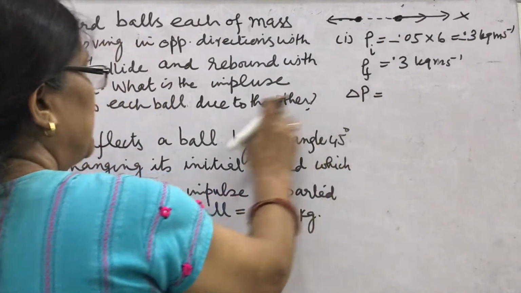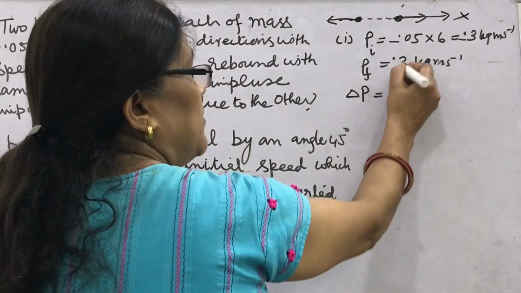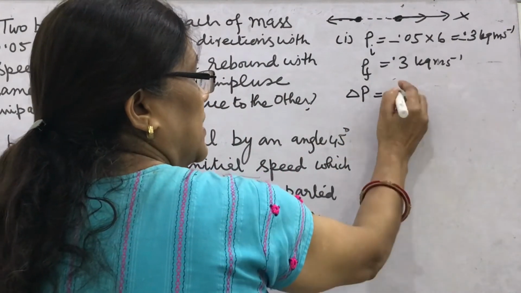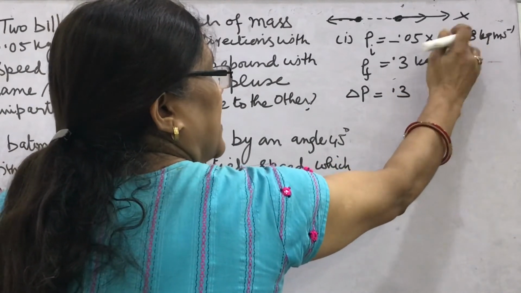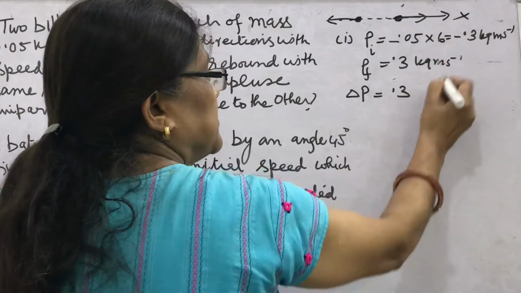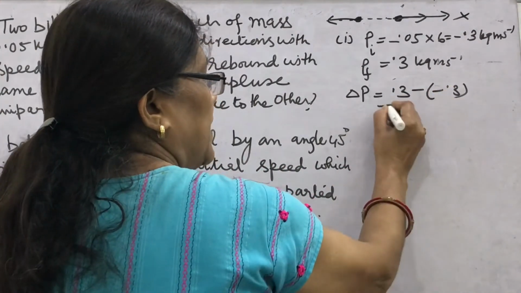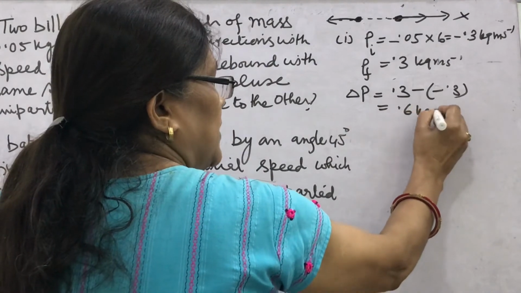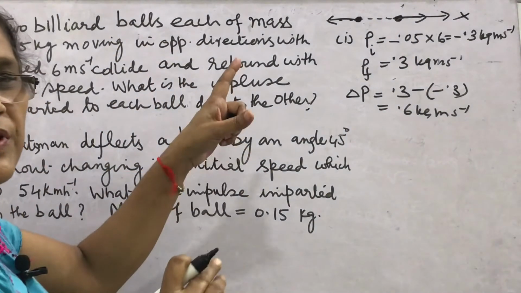This change in momentum is the impulse. Then how will you find it? Final minus initial. Final is 0.3, initial is minus 0.3. You have to write it this way: 0.3 minus (minus 0.3) will make 0.6 kg meter per second if we have taken this way.